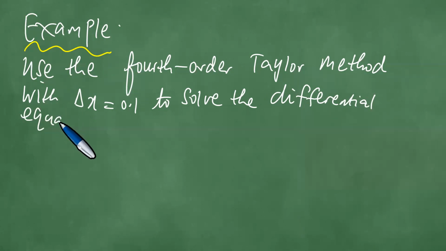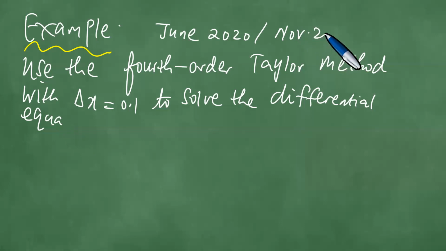Either this came from June 2020 or from November 2023, one of those. I just need to check, but pretty much the same question. No change there because these papers were the same.